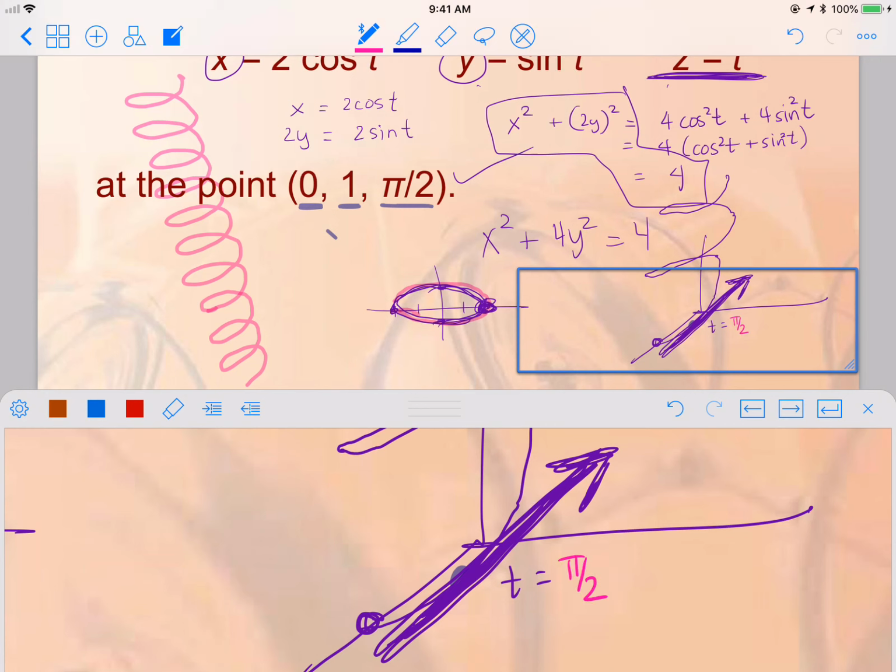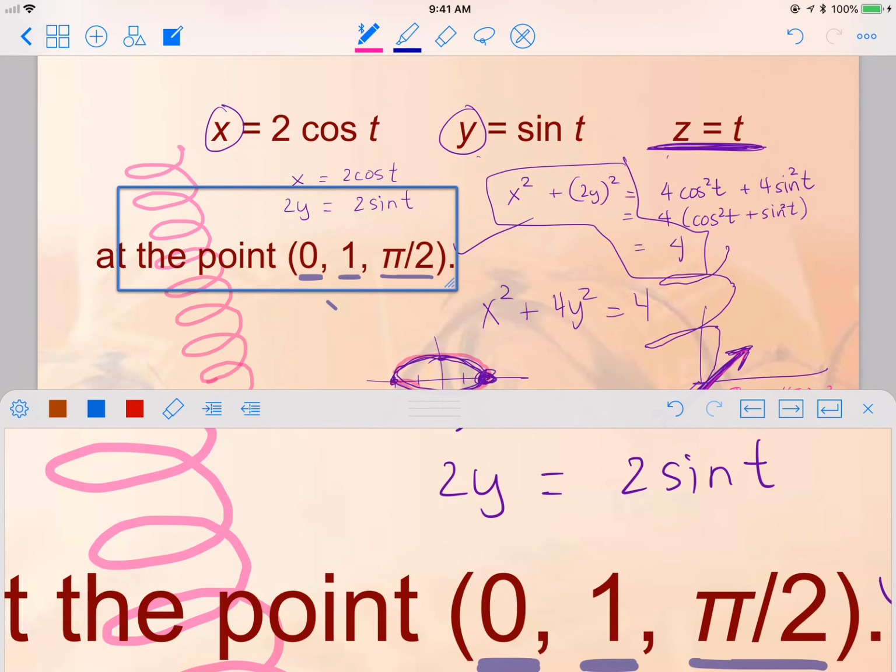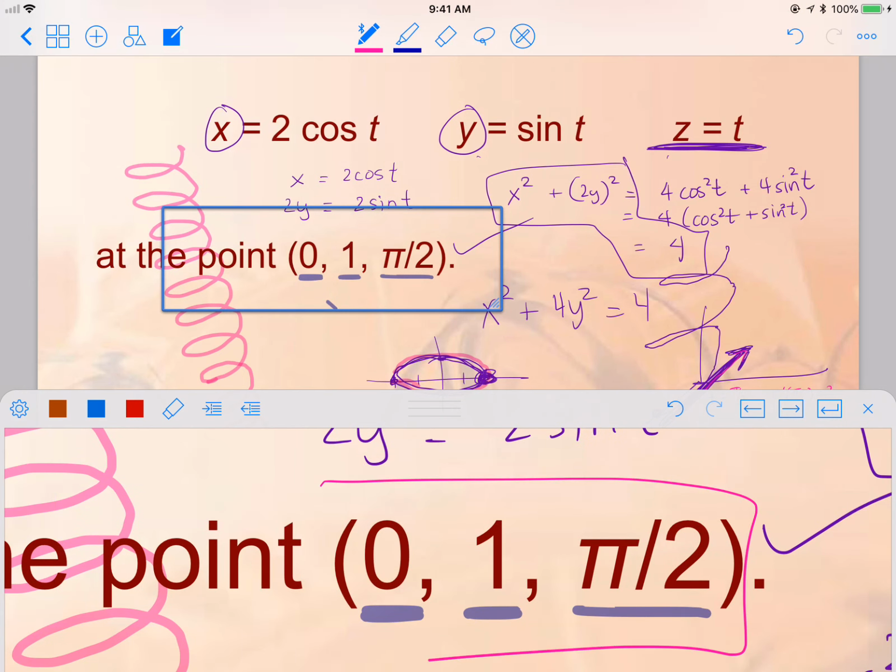So for this direction, we need to know r prime at pi over 2. And this will be the direction of our line. Okay, and then we've got our point right here.